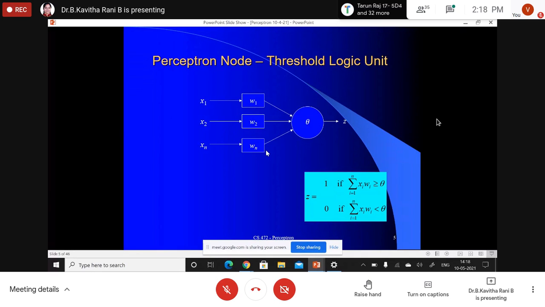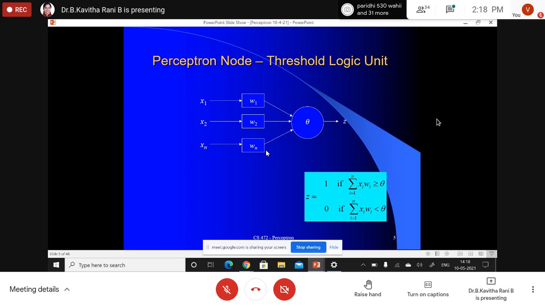Why are we giving weights here? Weights are given to adjust the input values. As it is, if we give the input values, we will not get an accurate result. So for this purpose we give different weights. How are the weights given? Weights are given according to the input values.